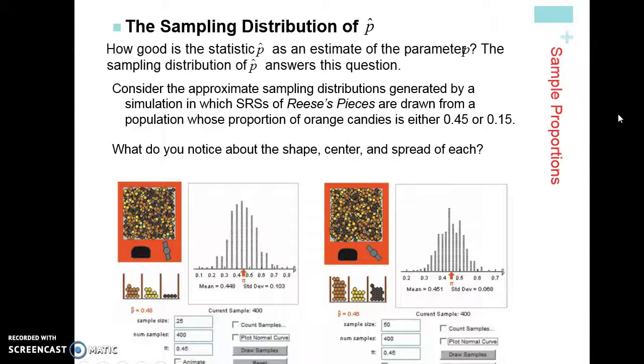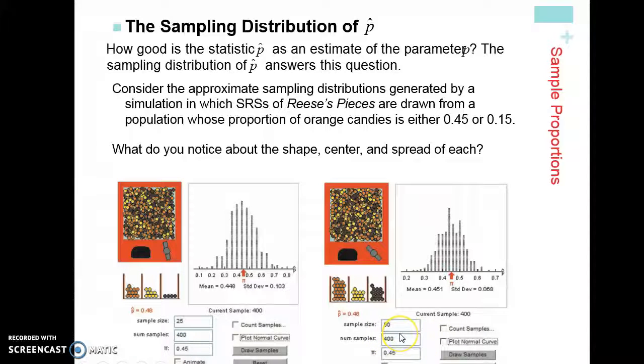How good is my P hat at estimating P? Now, there are certain things that we already know about this. If we take a look at the sampling distribution on the left versus the sampling distribution on the right, the main thing that you should notice here is that the sample size here is 25 and the sample size here is 50.